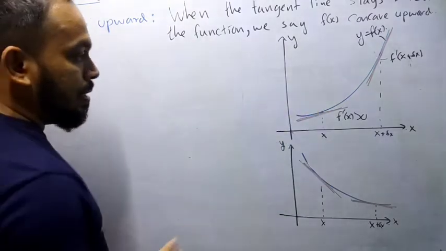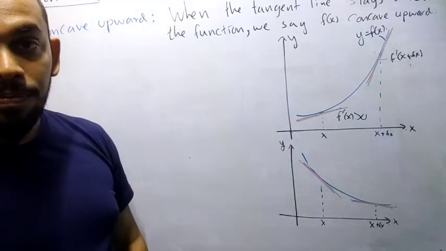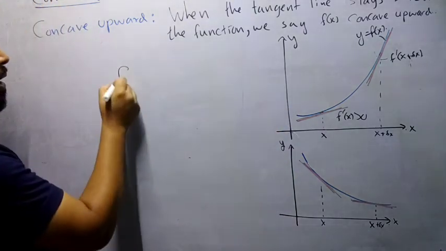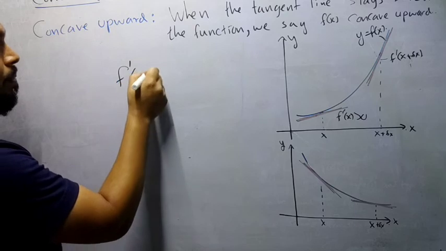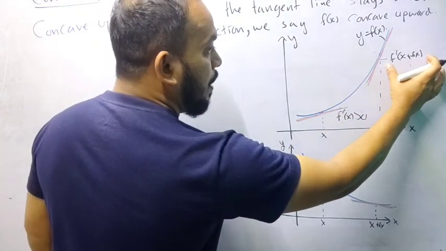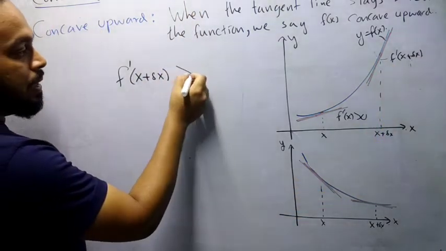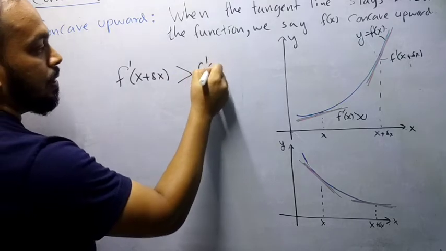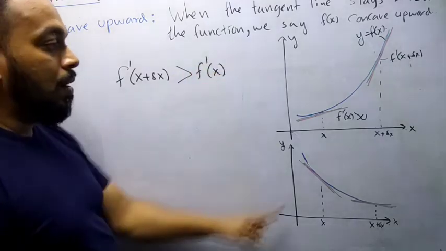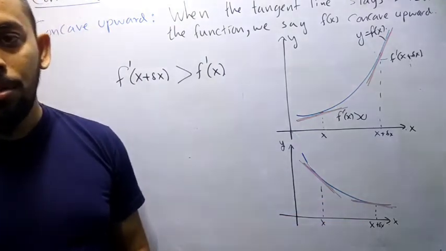If the tangent is below the function, f prime of x plus delta x, I mean the derivative at this point, must be greater than the derivative at this point. It's true for a decreasing function as well.